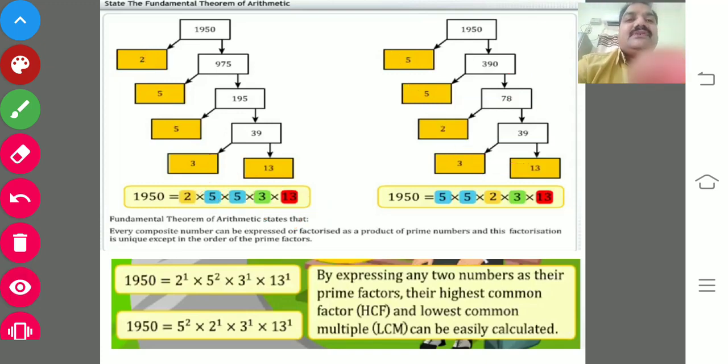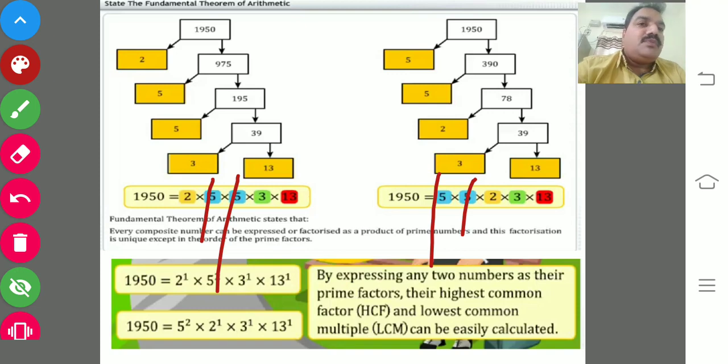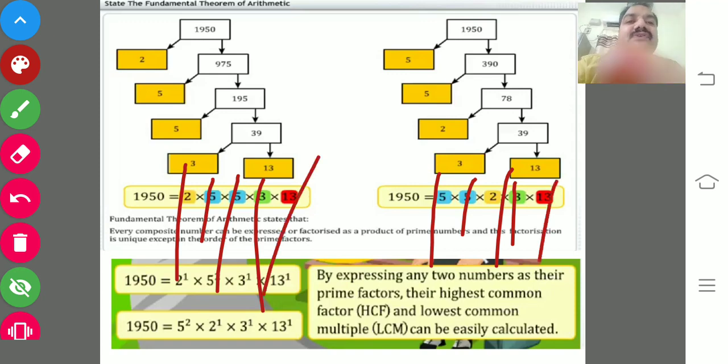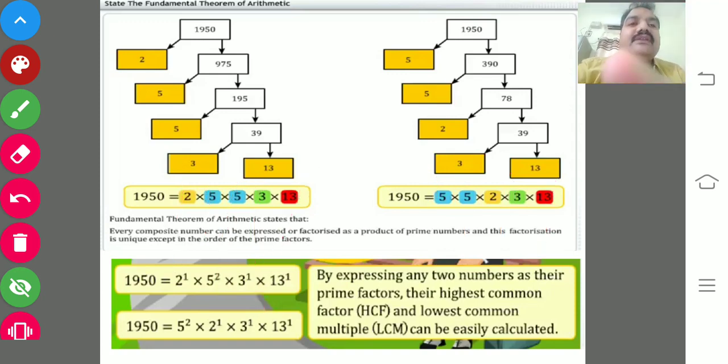If you observe both, you see that here two fives are there, here also two fives, the blue boxes, and here one 2, here also one 2, and 3, yes 3, here 13, here 13. So you can conclude that the fundamental theorem of arithmetic states that every composite number can be expressed or factorized as a product of prime numbers, and this factorization is unique except in the order of prime factors.